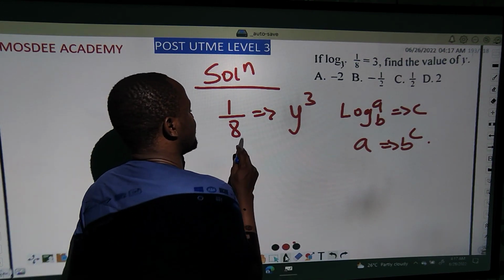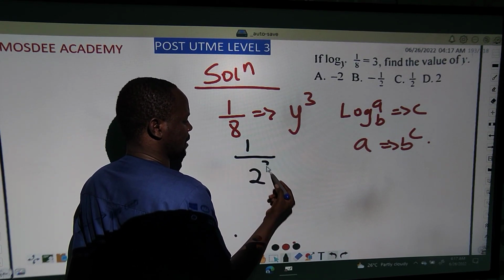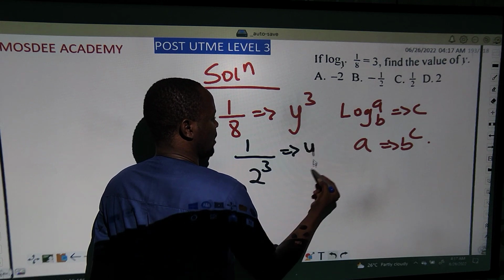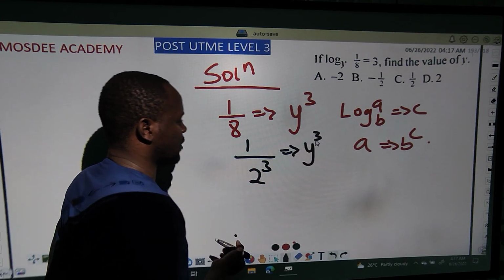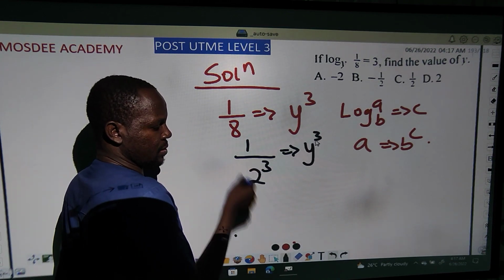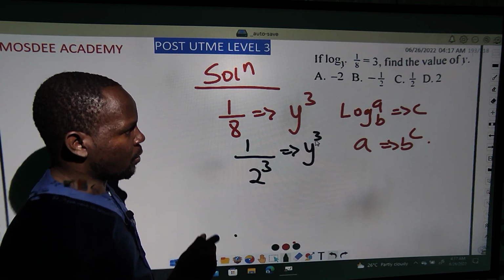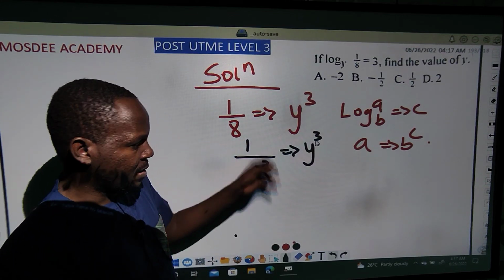Now, instead of doing that, I can spot this is 1 over 2 raised to power 3 equals y raised to power 3. As you know, if I move this up, it will be raised to power minus 3. So what I need now is something that will make this and this look similar.